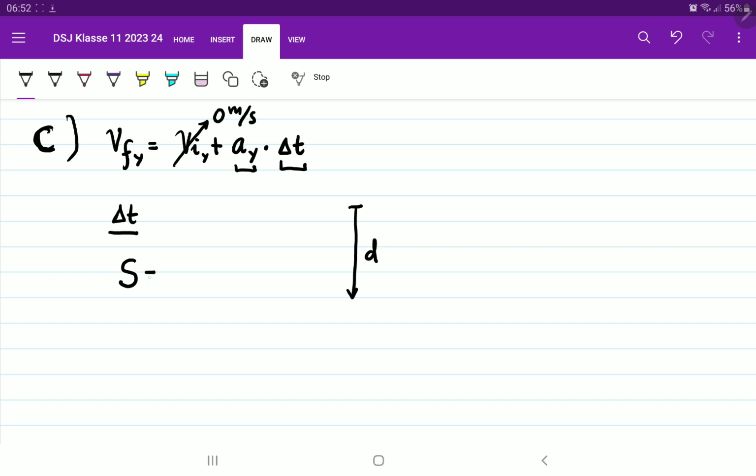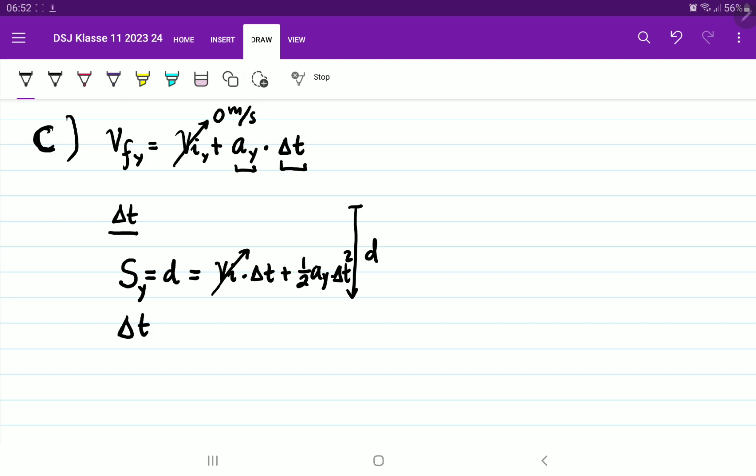So distance in y direction, which is the distance between the two plates, is the initial speed times delta t plus 1/2 a delta t squared. So this one is 0. I can have delta t then.